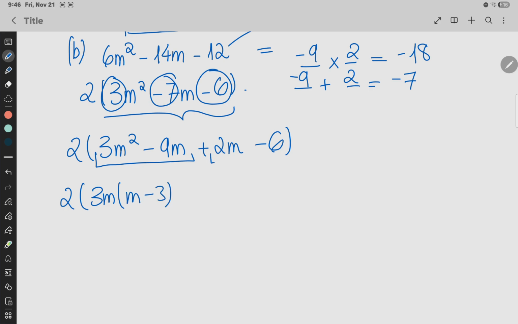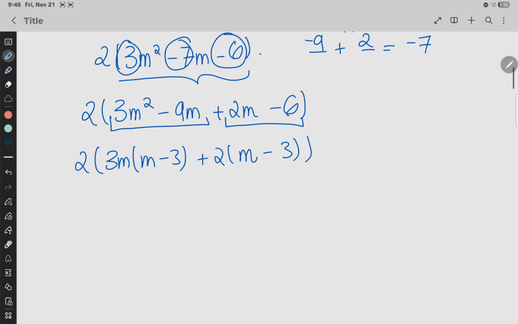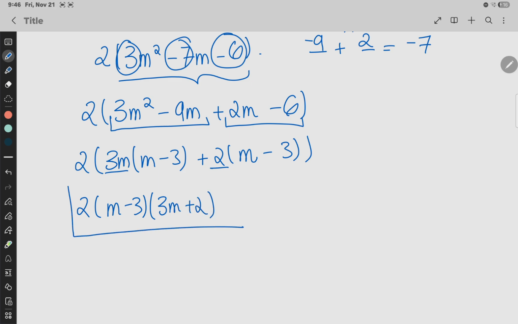And then here you can also common factor out the 2, which gives you m minus 3 also. Alright, so now we have two identical brackets. You can just group them into one, and the remaining terms become another bracket. Boom. This would be your final answer.